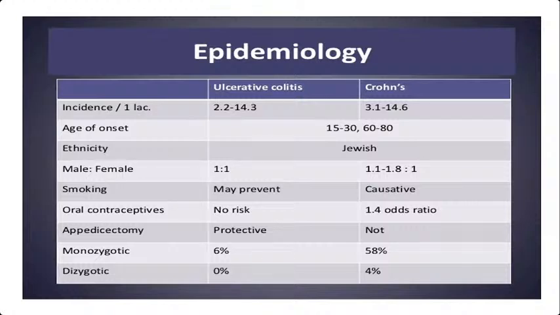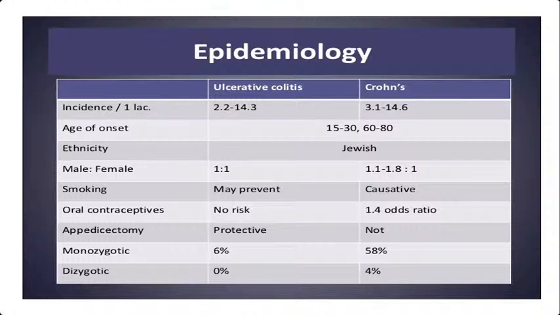The highest incidence for inflammatory bowel disease for some reason appears to be in the Jewish community. The male to female ratio is more or less the same for ulcerative colitis, and slightly more common in males than females for Crohn's disease.